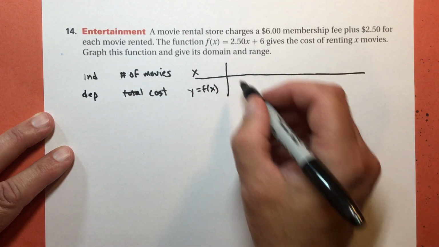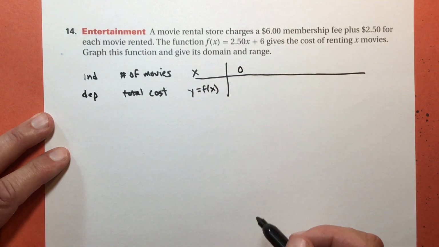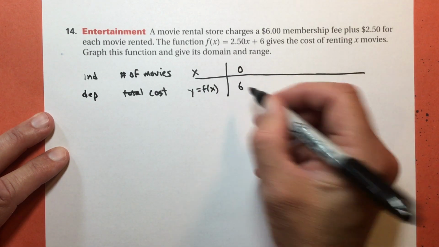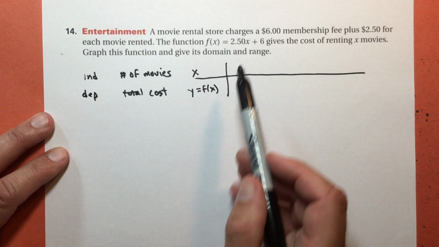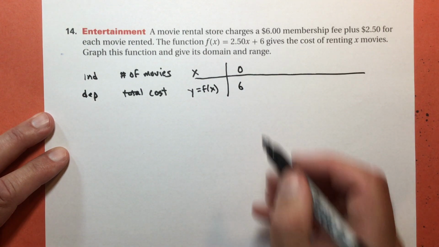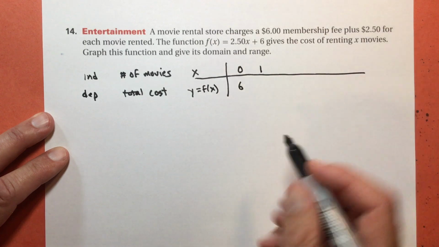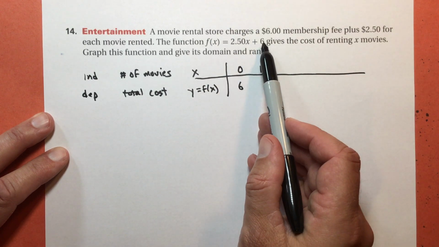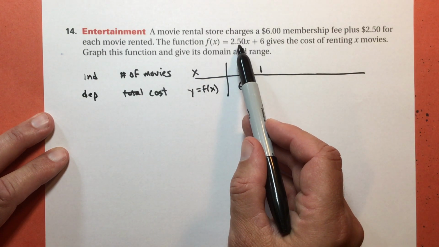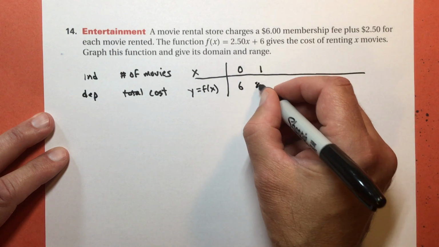Let's make a table. 0 movies is going to cost you $6, because you got to pay the $6 membership fee. If you rent 1 movie, that's going to be the $6 plus $2.50, which is $8.50.